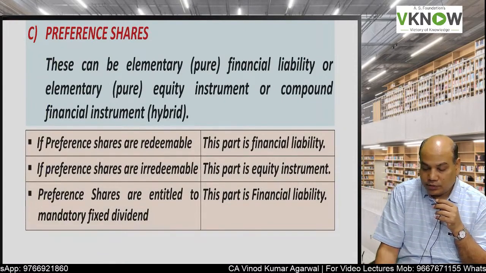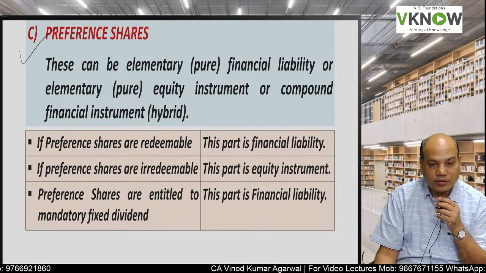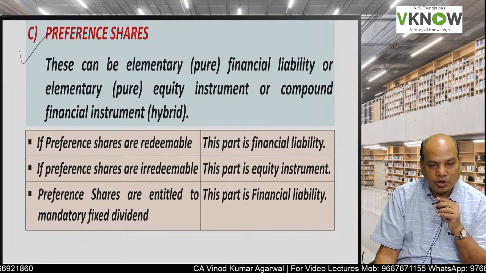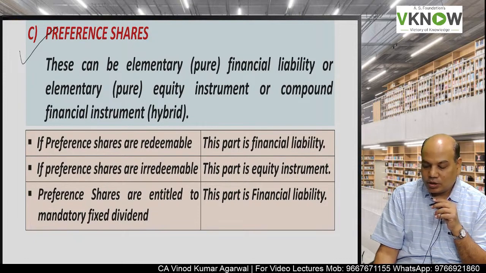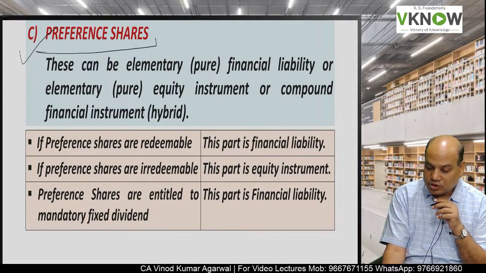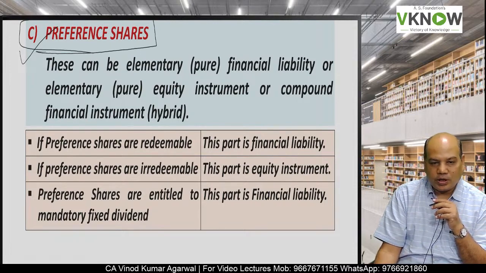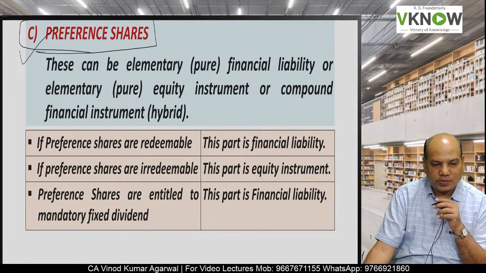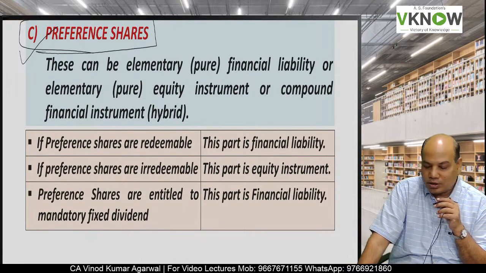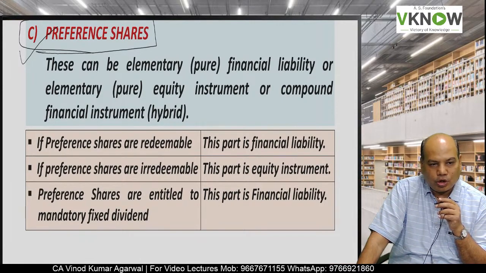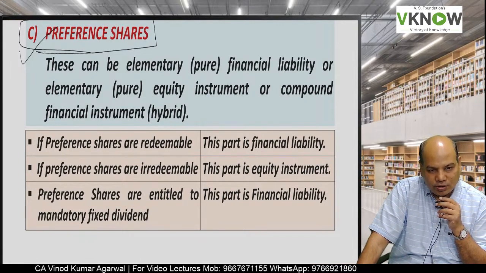Now next question is preference share, very important because of the standard on financial instruments in India. Now there is a big change in the accounting of preference share. When you were in 11th standard, 12th standard, CPT, foundation, intermediate, you have shown preference share along with equity share in the balance sheet.